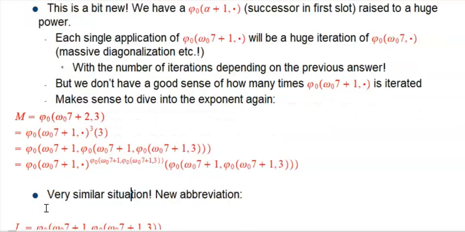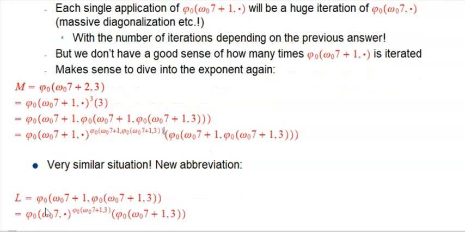Okay, whew. So how about a new abbreviation? Let's say L is that iteration exponent. So we're recursively, repeatedly diving into iteration exponents that then create other iteration exponents that create other iteration exponents.